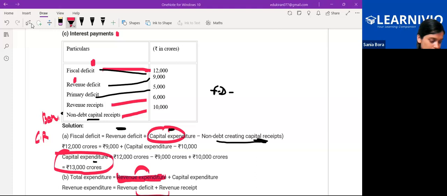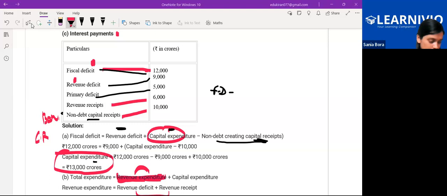Revenue deficit 9 plus revenue receipt 6, it will be 15,000.